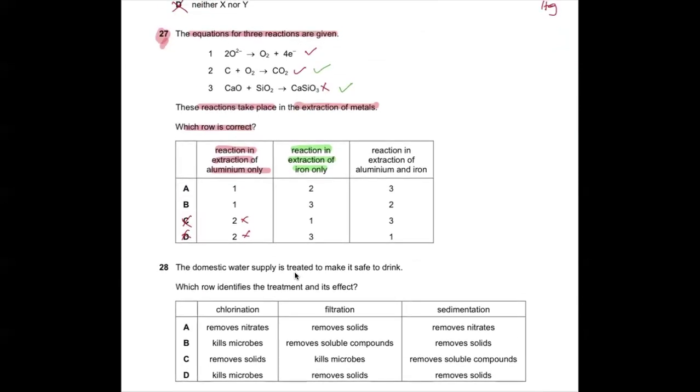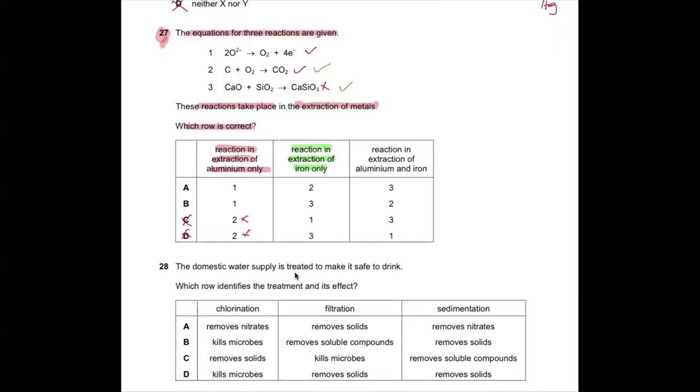Reaction in extraction of iron only. It's three, because calcium silicate also forms in the blast furnace. Yeah, that I marked for iron. This occurs in the iron.